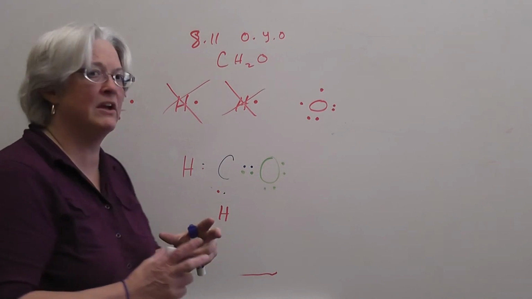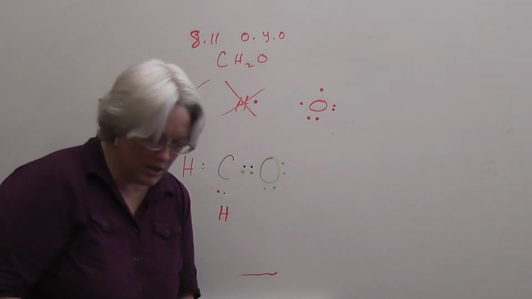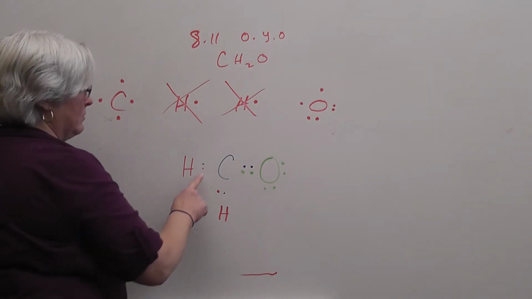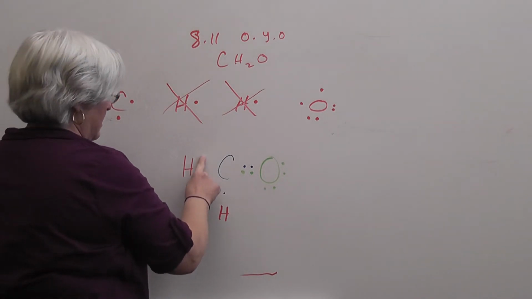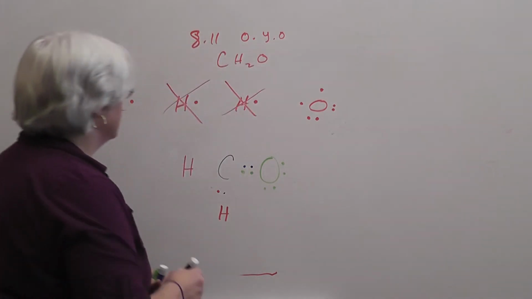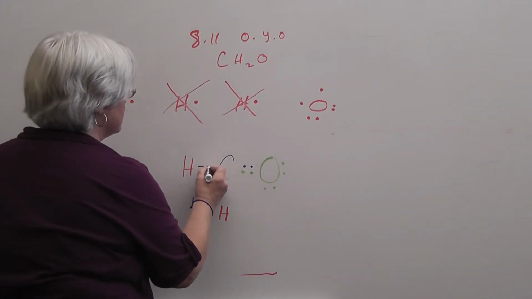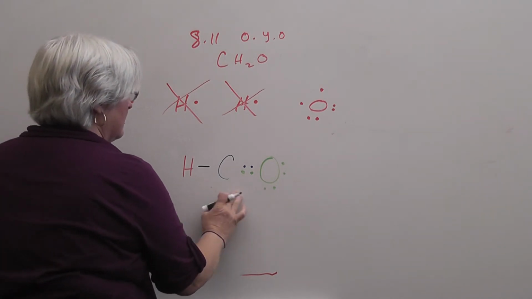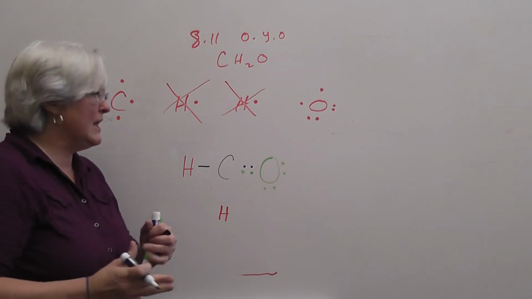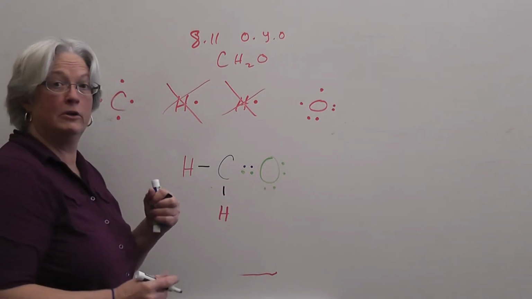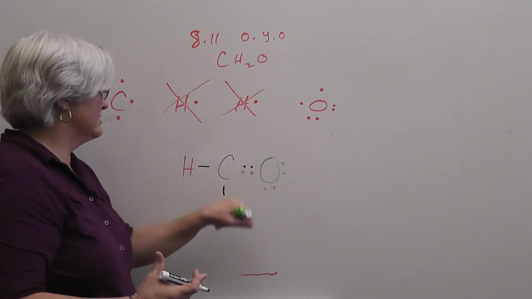So anytime you have a shared pair of electrons, that's a covalent bond, and you replace that with a dash. So here we have 1 pair of shared electrons, so we have a covalent bond between this hydrogen and the carbon. We have another pair of shared electrons, and we have a covalent bond between the C and the H.